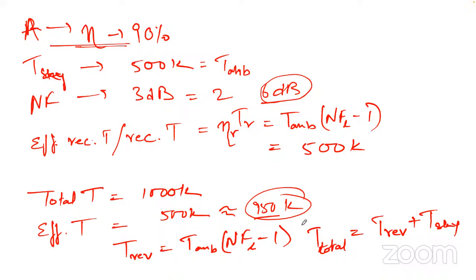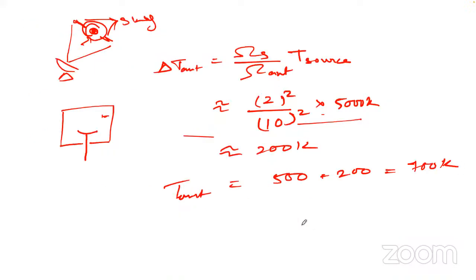Okay, got it? Okay, sir. Now question 2. You got this one right? Yeah, I got 200 Kelvin, so I added it with this 1000 Kelvin and gave 1200 Kelvin as the answer. Here it is asking what the antenna temperature is, not the total temperature.